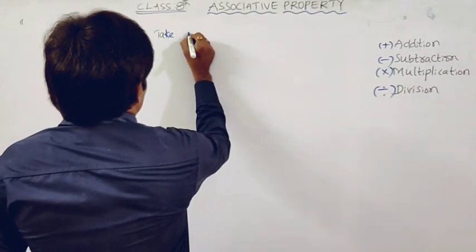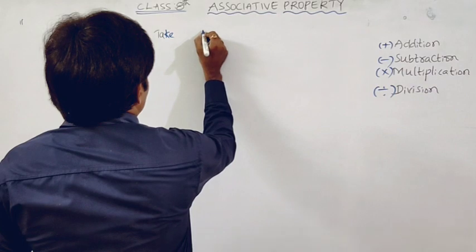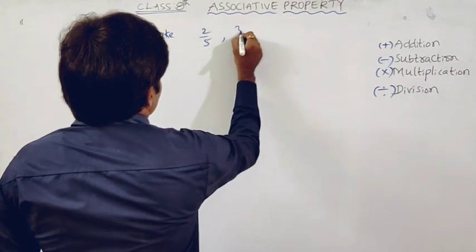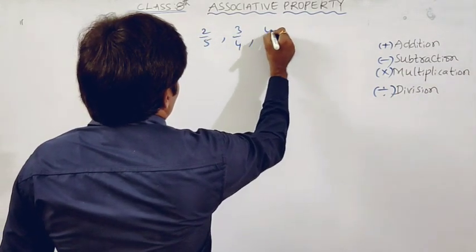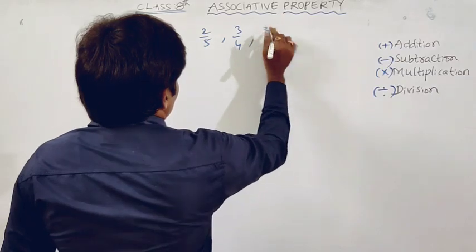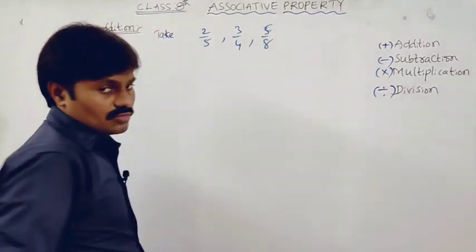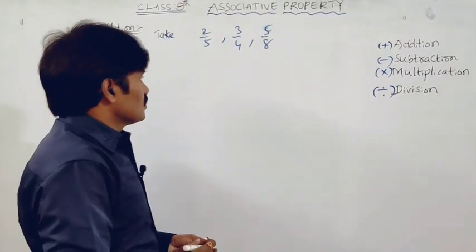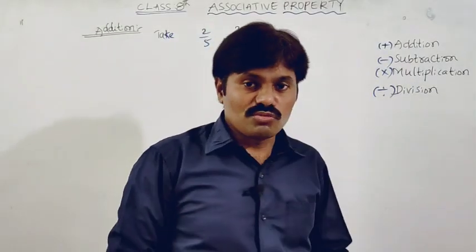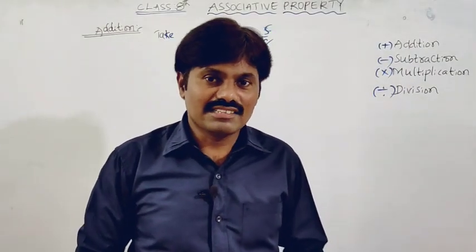Take some rational numbers like 2/5, 3/4 and 5/8. What is the associative property in the case of addition?